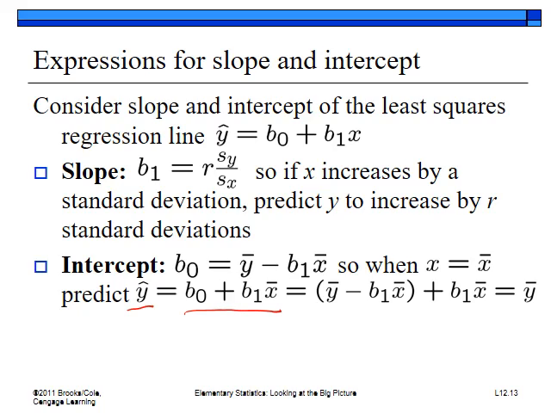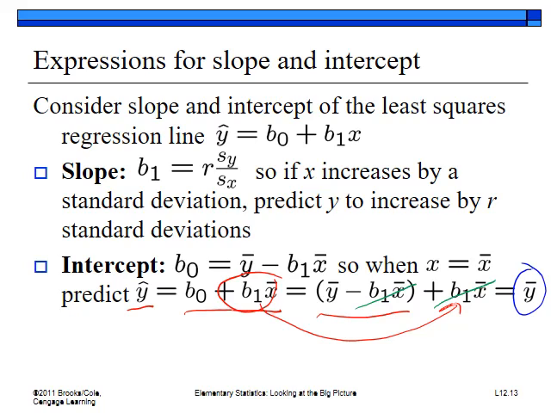Now let's substitute that computation for the intercept in for b0, y bar minus b1 times x bar. We still have the plus b1 x bar, that's here. And now notice that I have minus b1 x bar and plus b1 x bar. Those cancel out, and I'm left with just y bar.